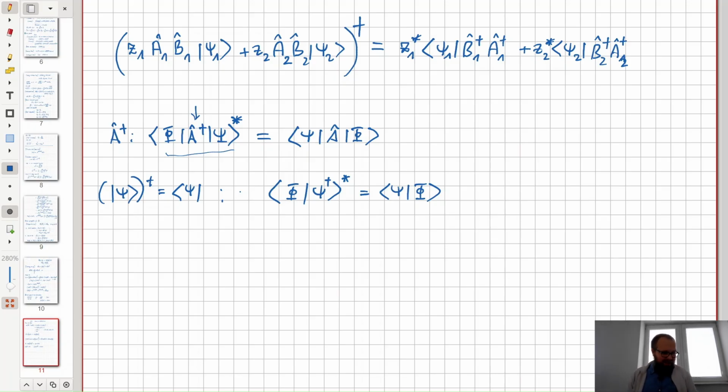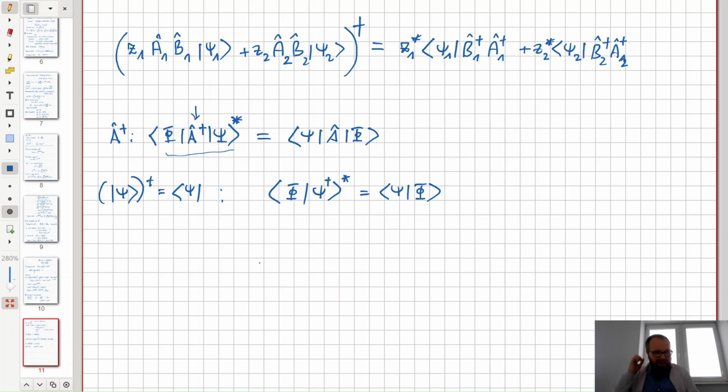And also by doing this shenanigans with daggering, maybe I'll write it, you can explain this mystery of why this got reversed. We have AB and now it's BA. What is going on here? This also comes from this kind of definition, right? You just have to play around with things a little bit.